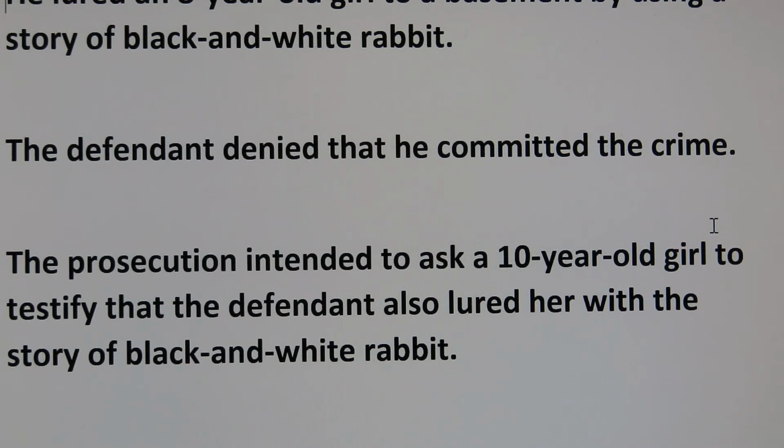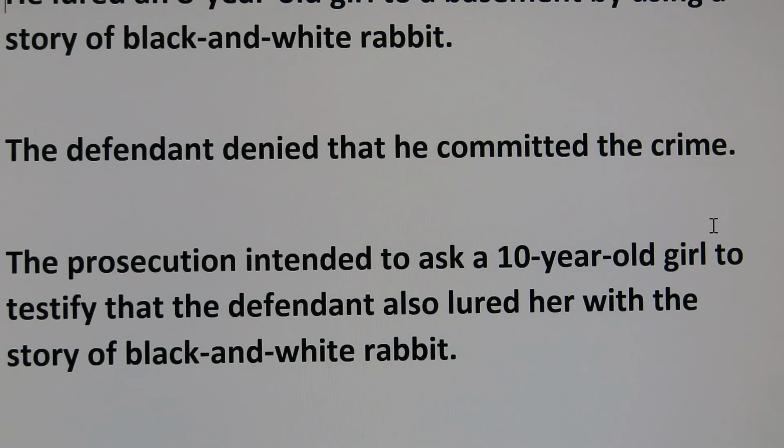The prosecution intended to ask a 10-year-old girl to testify that the defendant also lured her to a basement, attempting to commit molestation with the same story of finding a black and a white rabbit. So we know this other girl's testimony would be evidence of the defendant's other crime.